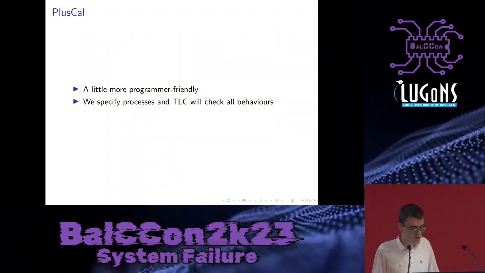And there is another language called PlusCal, where we can specify things much like usual programs, and there is a compiler which will translate that into TLA+ code, and then this TLA+ code we can model check with TLC.